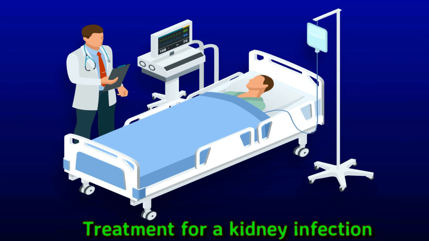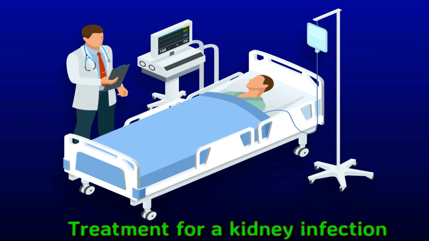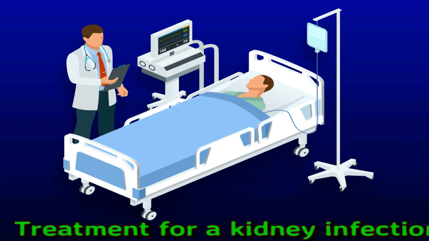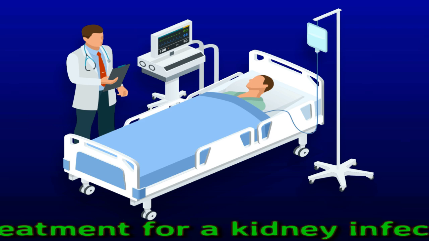Fluids. When a person has a kidney infection, it is essential to consume plenty of fluids to help prevent fever and dehydration. Fluid intake recommendations may vary depending on the type of infection. Hospital treatment. A person whose symptoms are not improving or who has more severe symptoms may require treatment in the hospital. Some people may need intravenous antibiotic treatment through a vein in their arm.